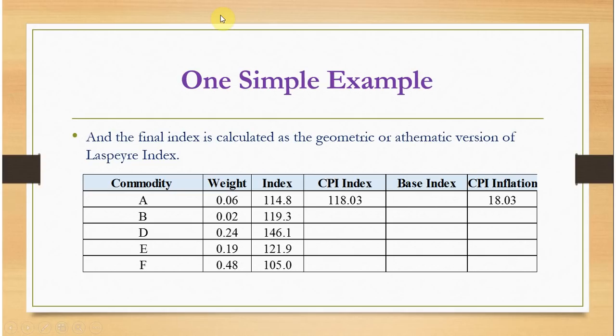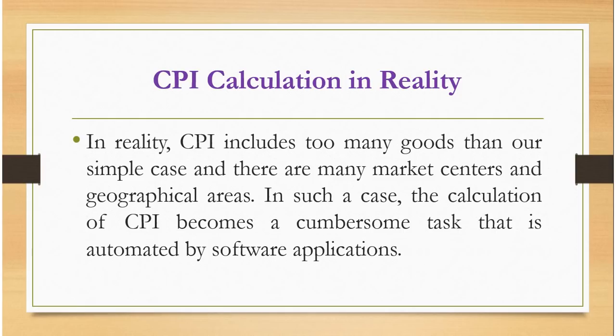So after reaching this final CPI index, we can calculate the inflation, consumer inflation in the economy. The base year index is assumed to be 100. So if the index increases from 100 to 118.03, the CPI inflation is simply 18.03. So in reality, CPI includes too many goods than in our simple case.